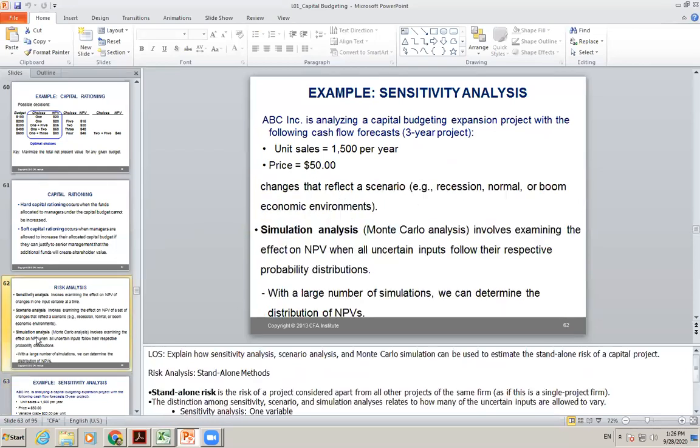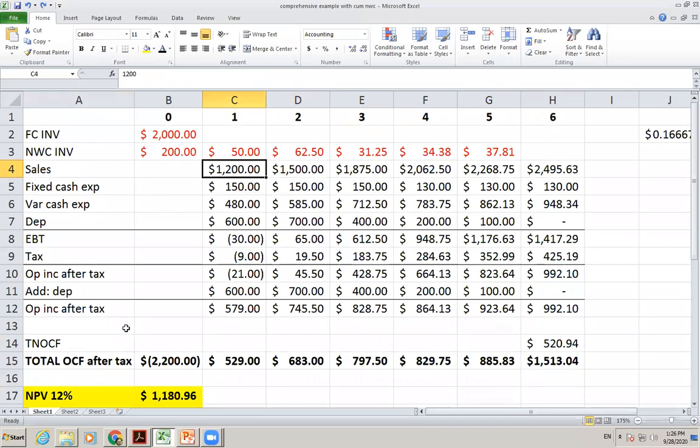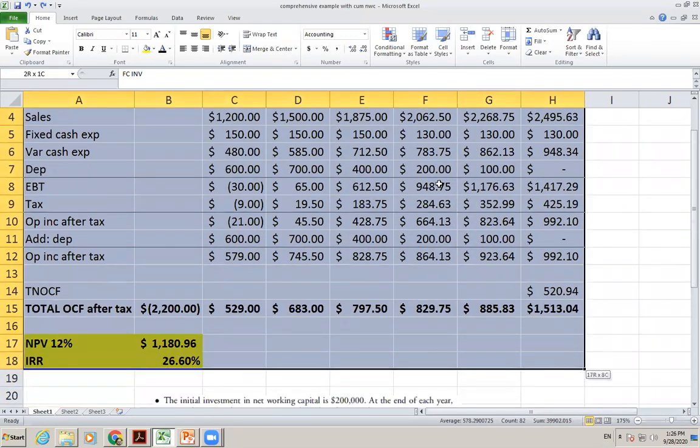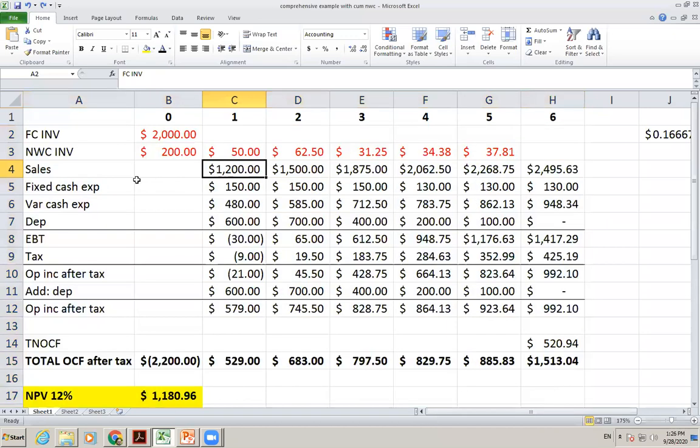Okay. And this is one scenario. Then another scenario, when your sales are high and your expenses are low, what will be your NPV?